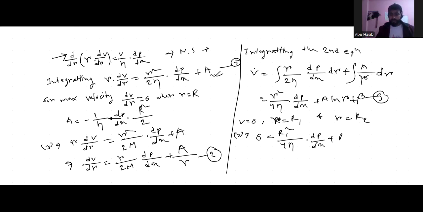It's number 4. And 0 is equal to r2 squared divided by 4 eta d/dx of p plus a ln r2 plus b, which is number 5.